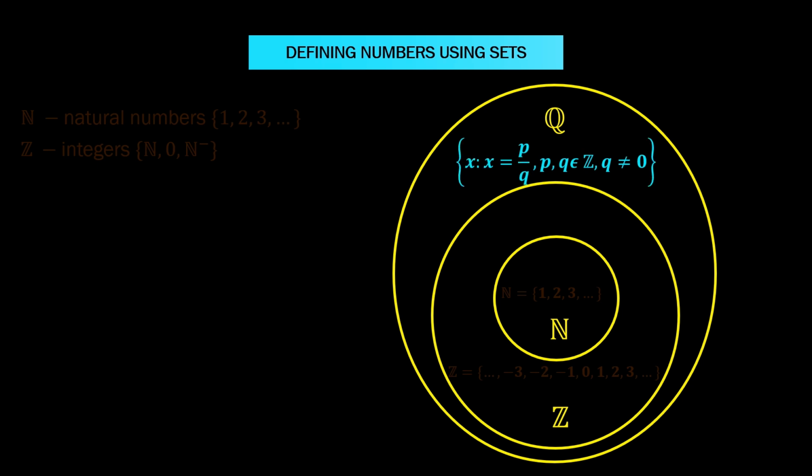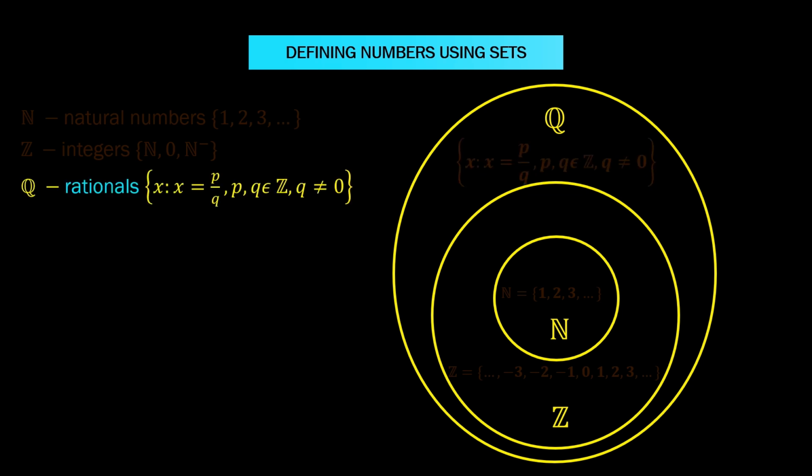In notation, we would write this as the set of x such that, notice that the colon represents such that, x equals p over q, where p and q are both members of the integers, and q does not equal 0. Notice that the integers are contained in the rational numbers. But we also know that the naturals are contained in the integers, and therefore the naturals are contained in the rationals.